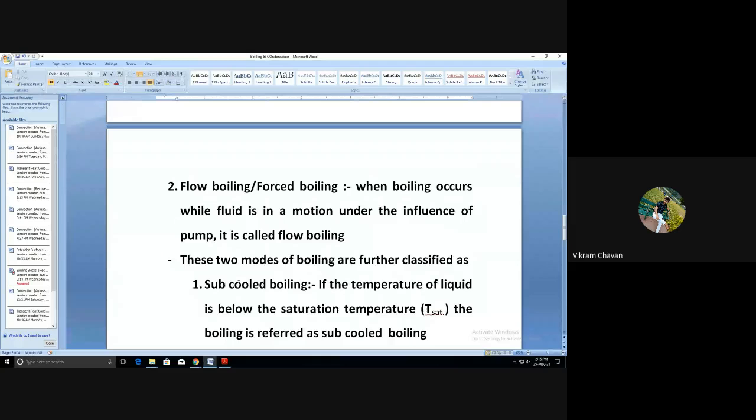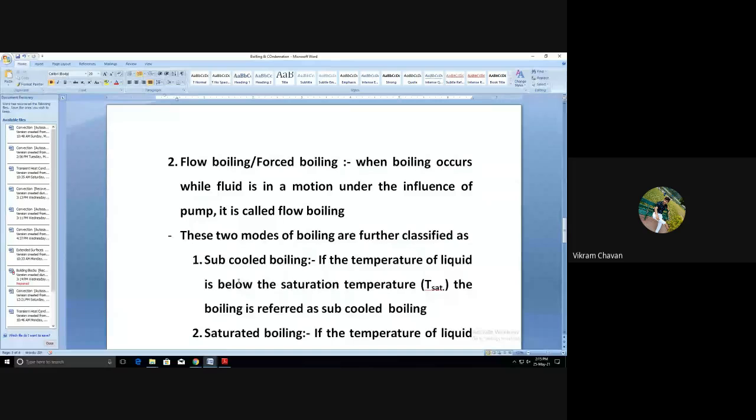Now pool boiling and forced boiling are further classified as subcooled boiling and saturated boiling. If the temperature of the liquid is below the saturation temperature and the boiling happens, then that particular boiling is called subcooled boiling.